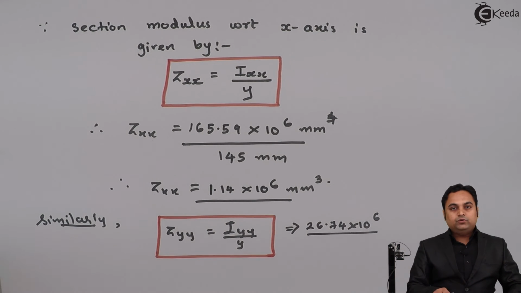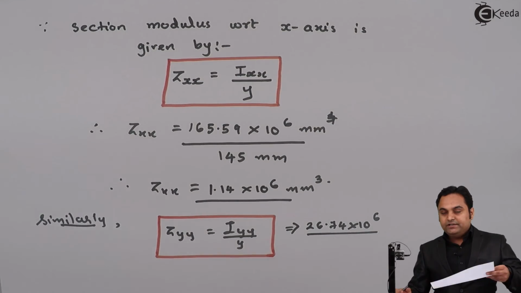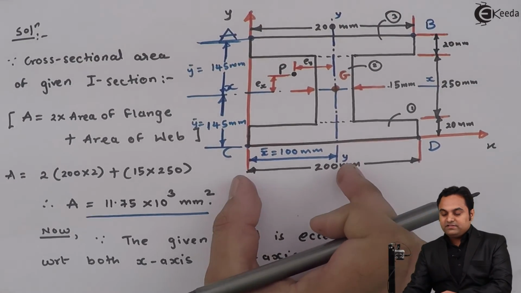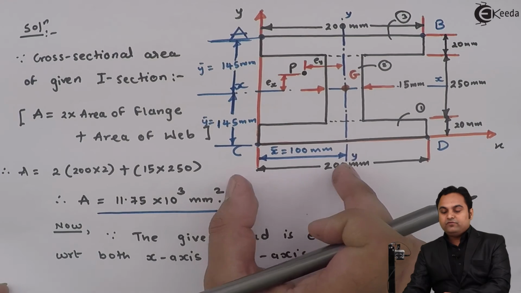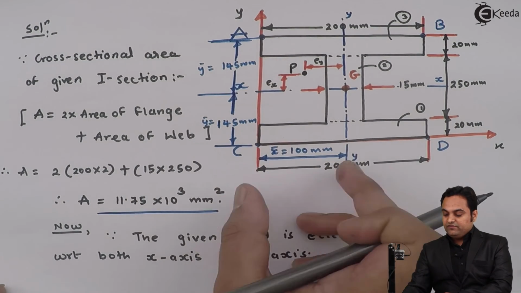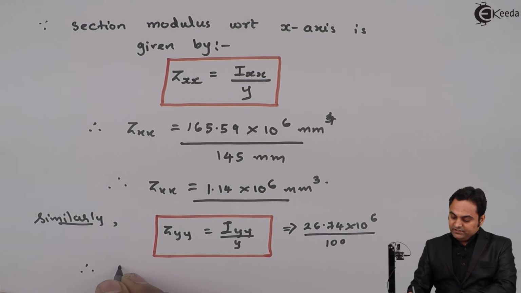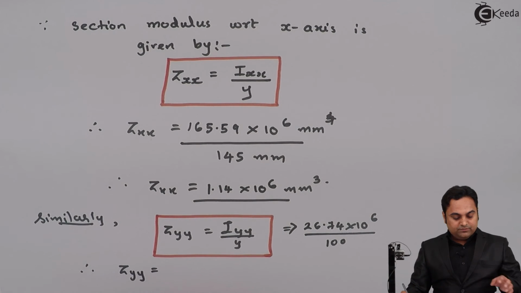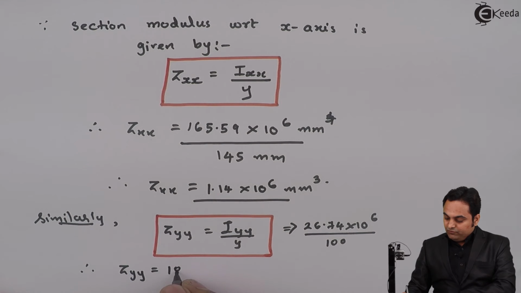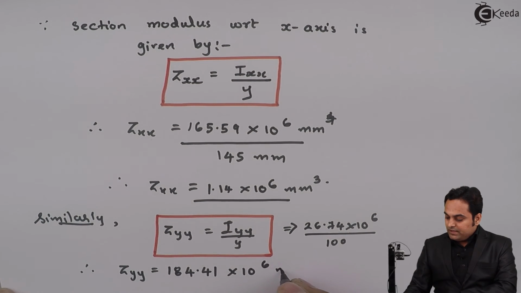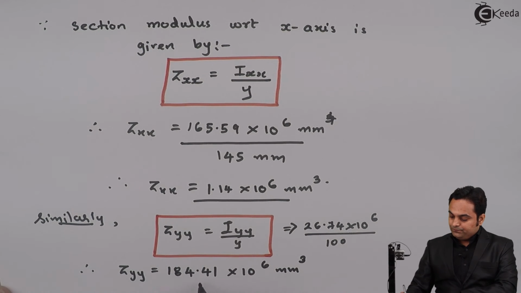Now y value, this y value indicates the location of y-axis. It is at 100 mm from left hand side, because this is the reference. So 100 is the y value. From this I am getting Zyy, which comes out to be 184.41 into 10 raised to 6 mm cube.